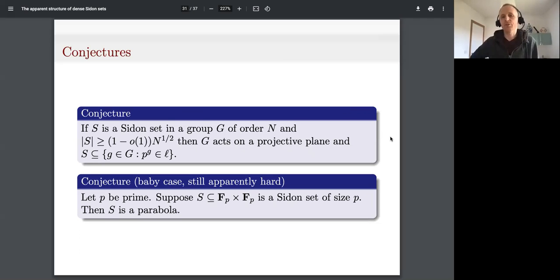We don't know any counterexamples to this conjecture, and that's really remarkable if true. But as I said, we have no idea how to prove this, and maybe it's just completely illusory. Maybe we're just not good at constructing Sidon sets.